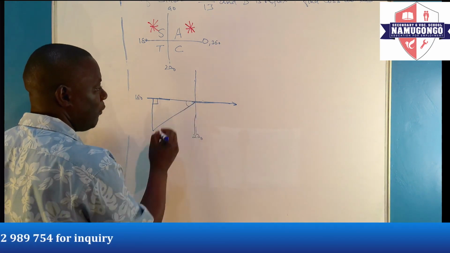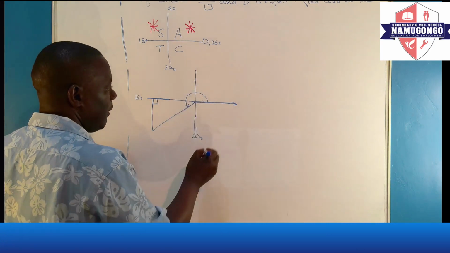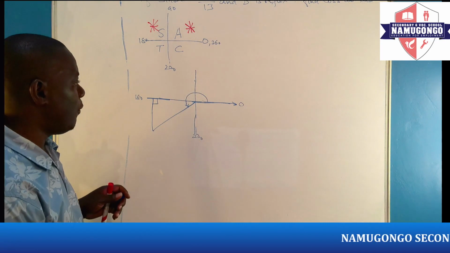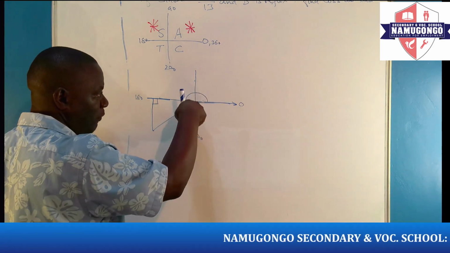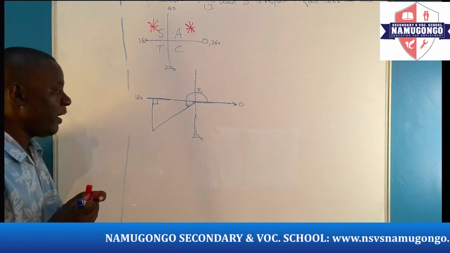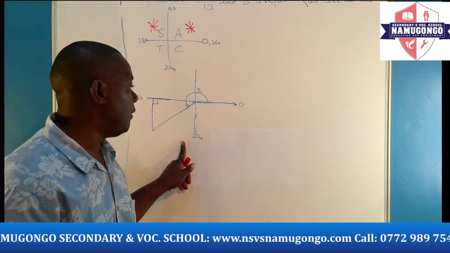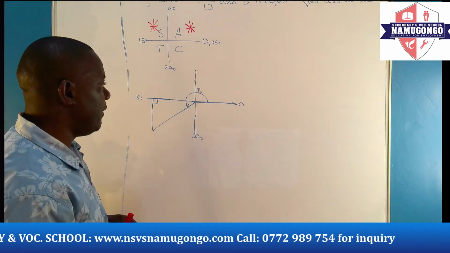This is the angle of interest. And remember, this is 0, and we are measuring anti-clockwise. The whole of this is angle B. We are looking at an angle that lies between 180 degrees and 270 degrees. The whole of that is angle B.